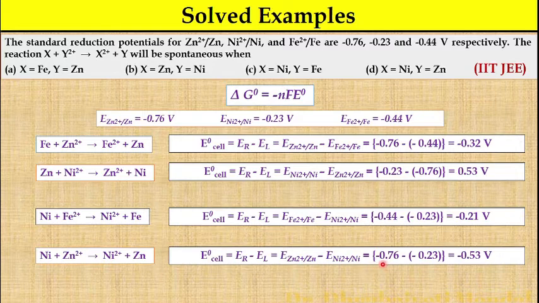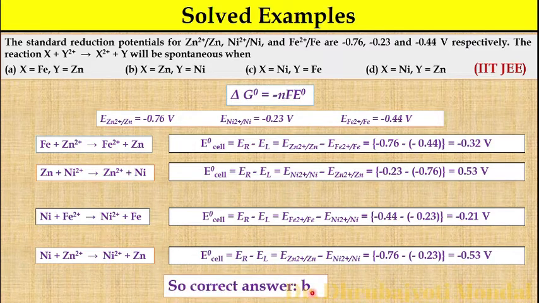So that is equal to minus 0.76 minus of minus 0.23, that is equal to minus 0.53 volt. Again you can see that is negative. So only the second option gives a positive E0 cell, and that reaction is spontaneous. So the correct answer is B.